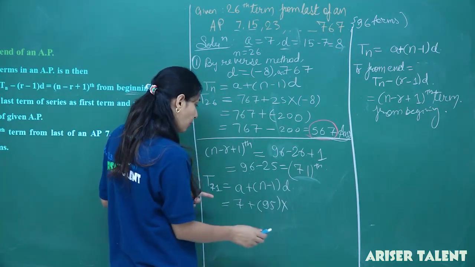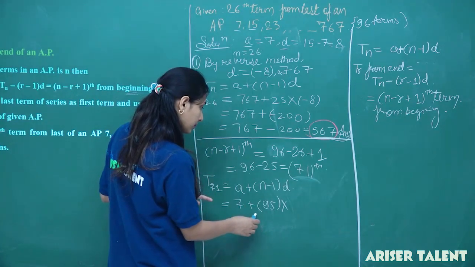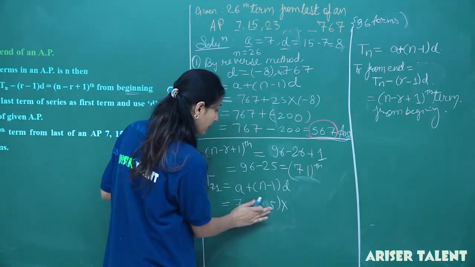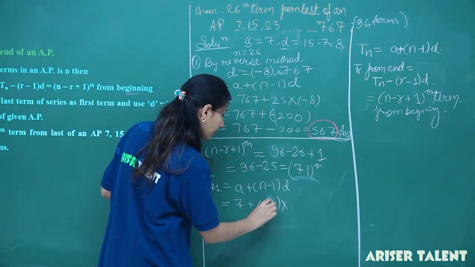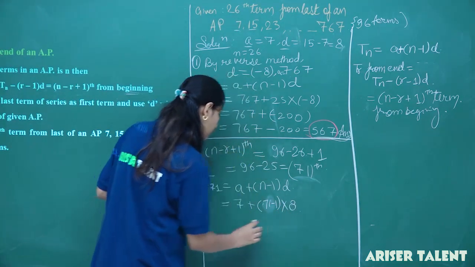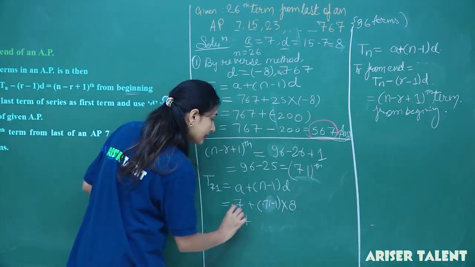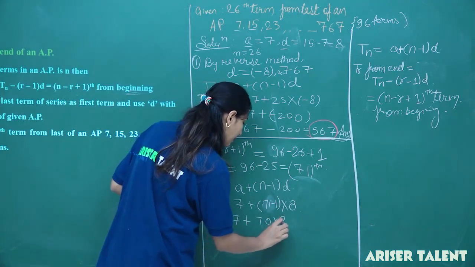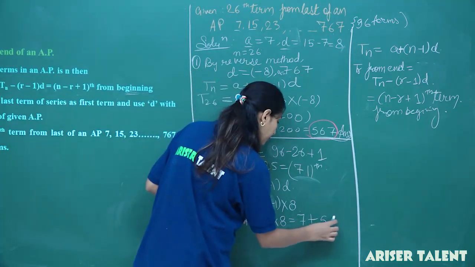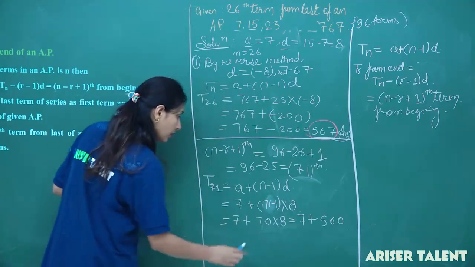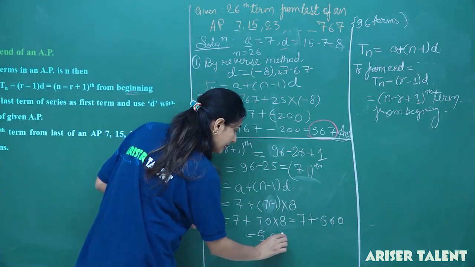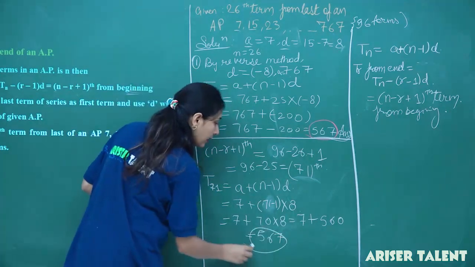Here d is the difference, that is 8. You will have 7 plus 70 multiplied by 8, which becomes 7 plus 560. So that gives you 567. So this is again your answer.